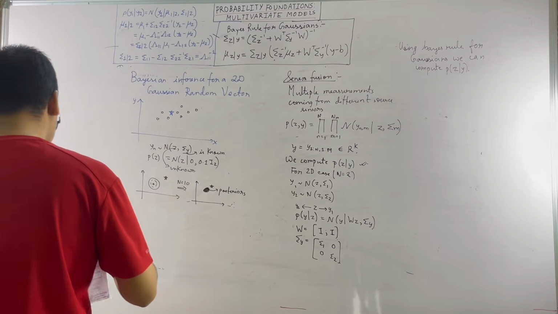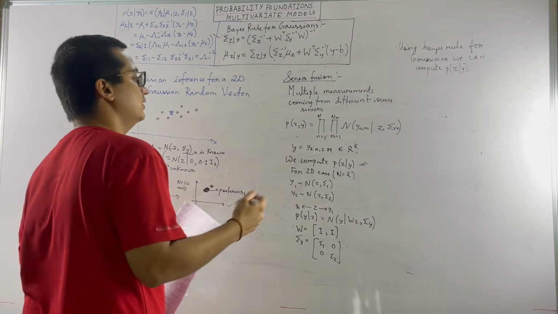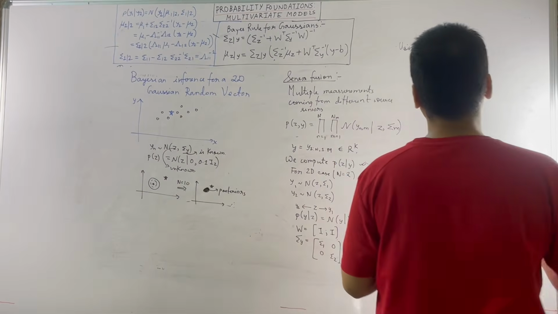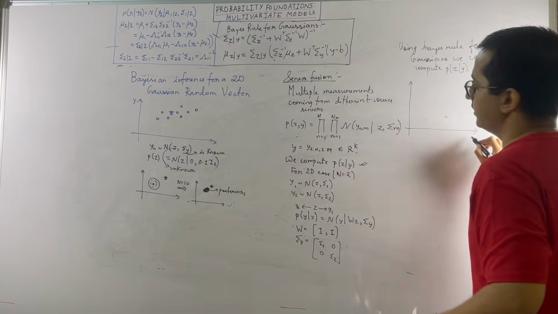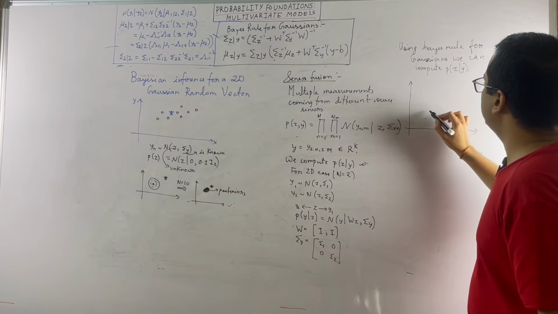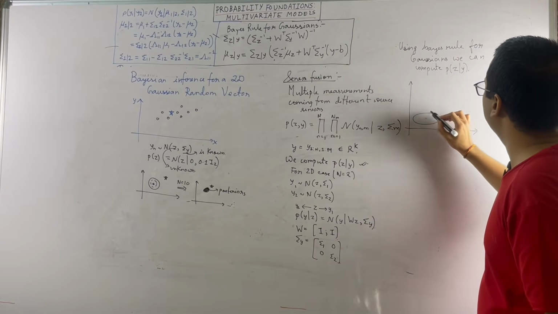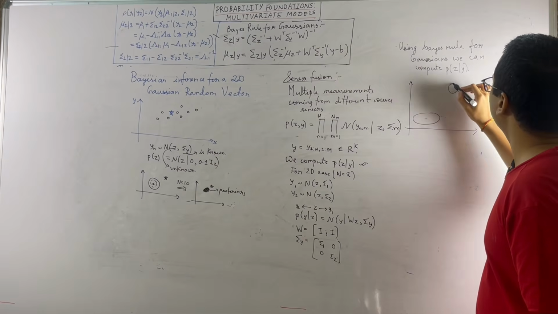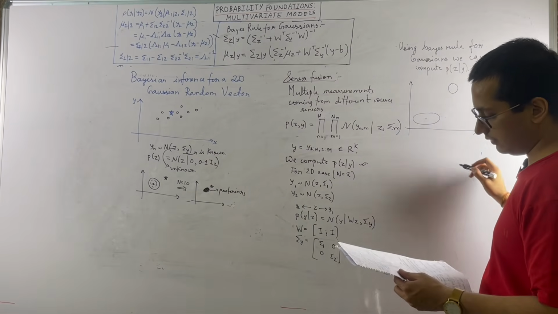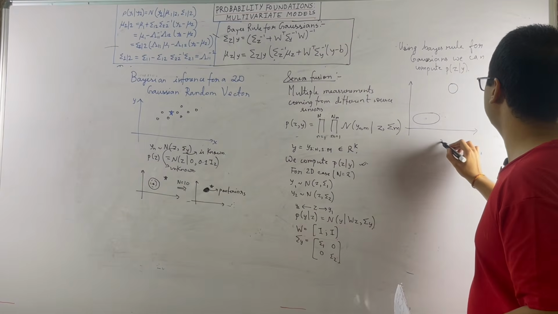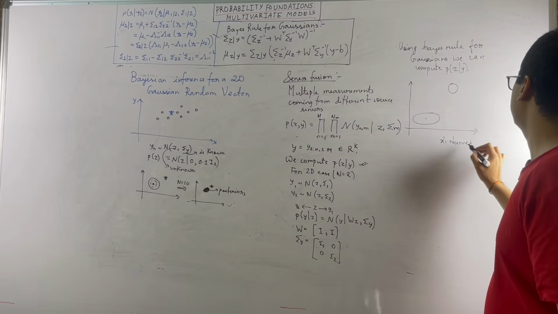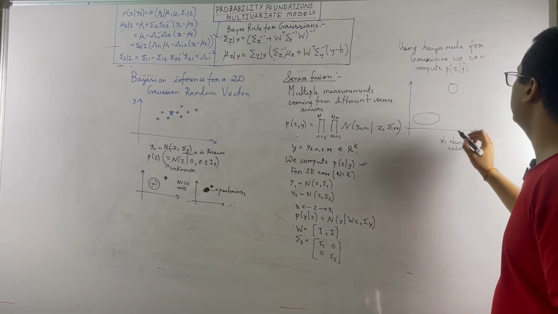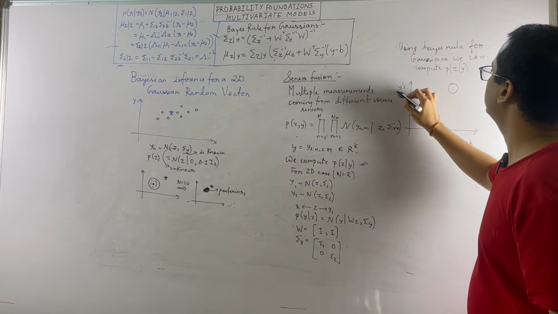And another interesting observation in this case is that, let's say you have two sensors. Okay. So let's say this was sensor 1, and let us say this is sensor 2. So if I look along the axis, let's say this is the x sensor's observed value, and this is the y sensor's observed value, right?